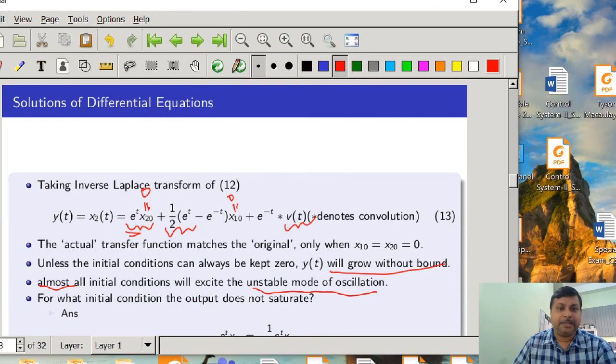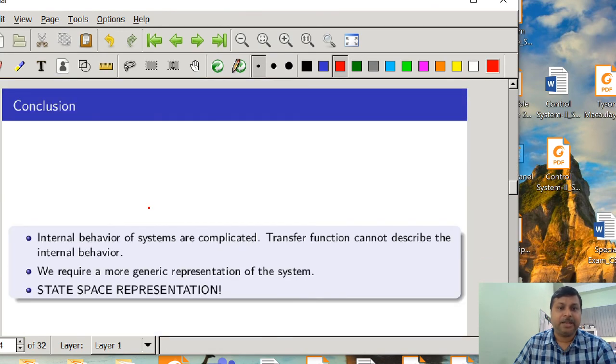So at the end of this discussion we can say that the internal behavior of systems is complicated, and the transfer function cannot describe it. Why? Because the transfer function only looks at input-output behavior: for the input given, what will be the output. It does not consider the internal dynamics of the system, which is not revealed by the transfer function.